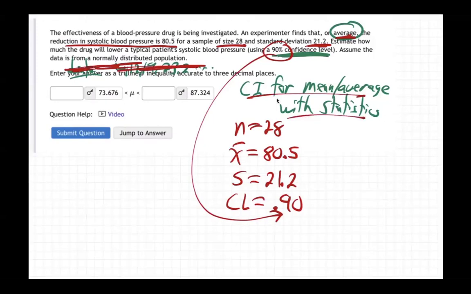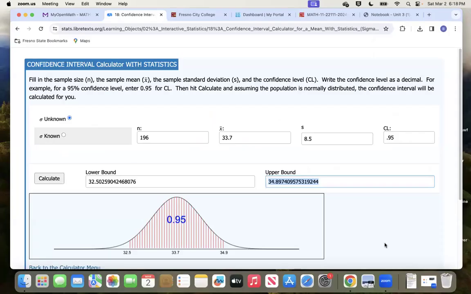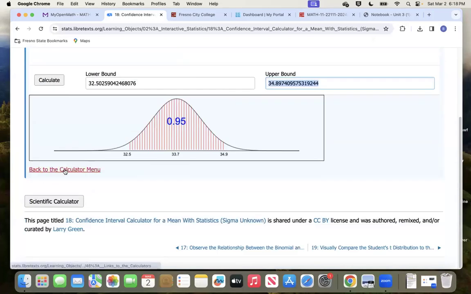So I'll go to the calculator now and show you that we're going to get these two answers, which you see on the screen. So let's go there. Okay, so here, this is the last problem.